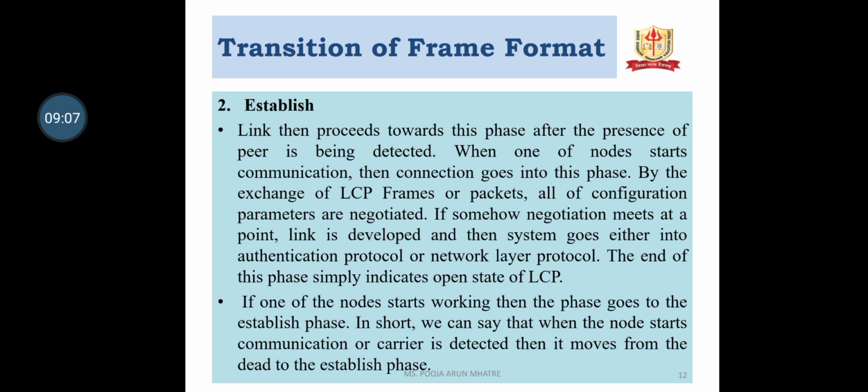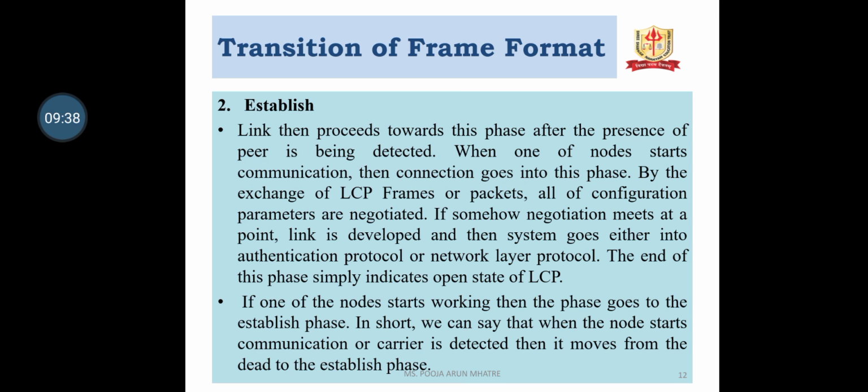Establish. The link then proceeds towards this phase after the presence of the peer is detected. When one of the nodes starts communication, then the connection goes into this phase. By the exchange of LCP frames or packets, all the configuration parameters are negotiated. If the negotiation succeeds, the link is developed and the system goes into either an authentication protocol or a network layer protocol.